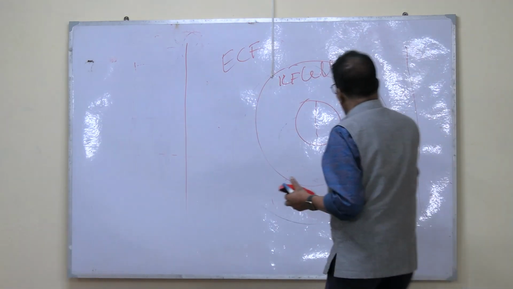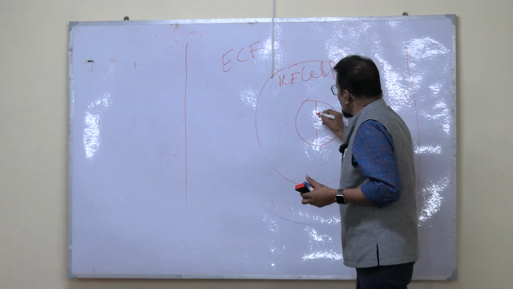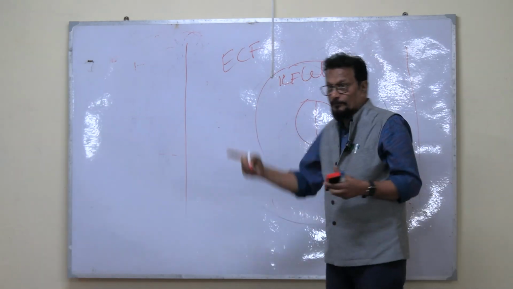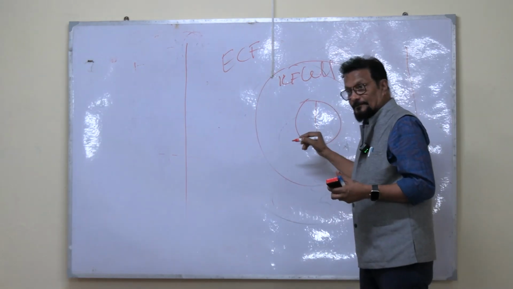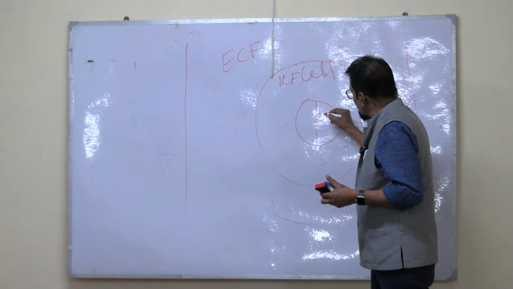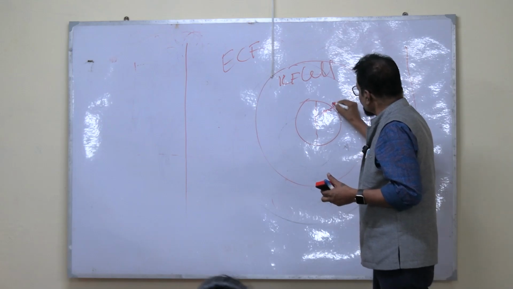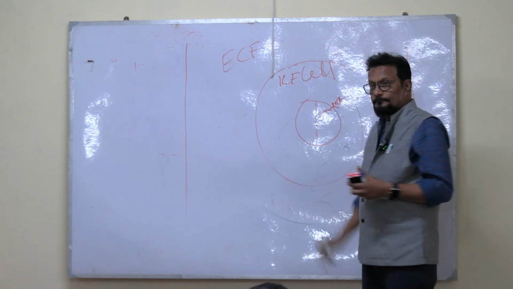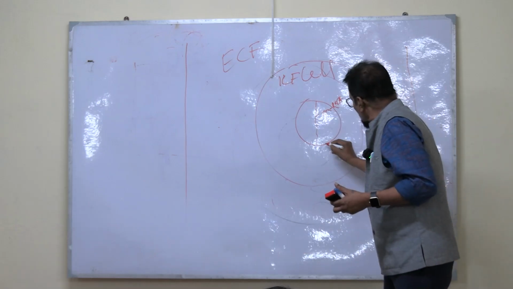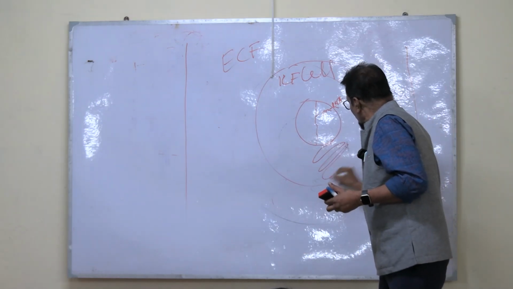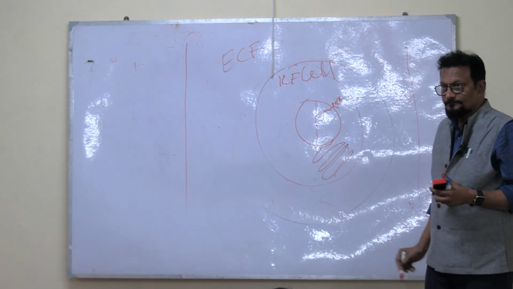So, for developing the resting membrane potential, what did it do? It produced an mRNA. This mRNA will be translated in the endoplasmic reticulum.